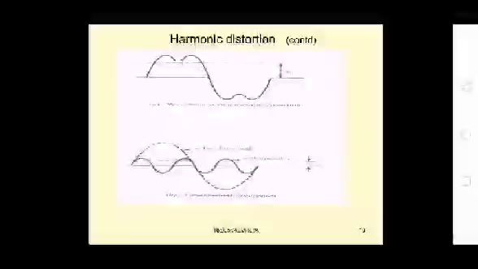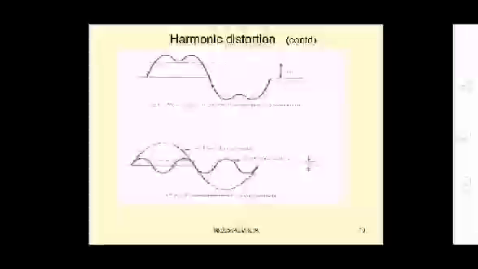The actual fundamental is shown by the dotted signal, and due to these harmonics, the harmonic signal is added to your fundamental signal. Then you get the waveform with the harmonic distorted signal. So the original signal is distorted by this amount of harmonics.